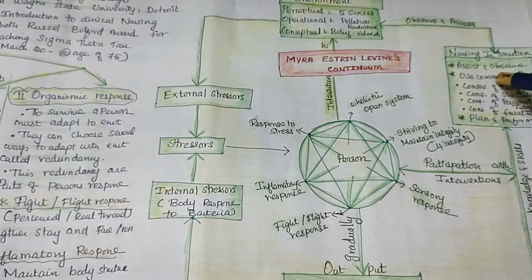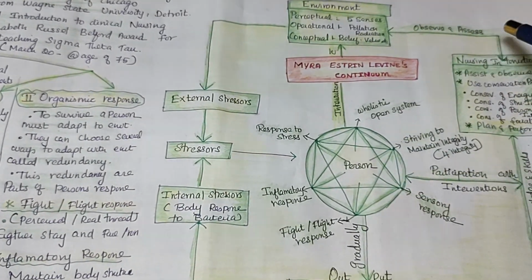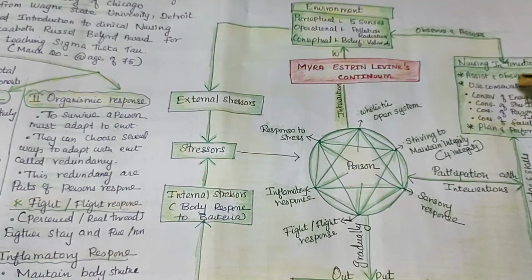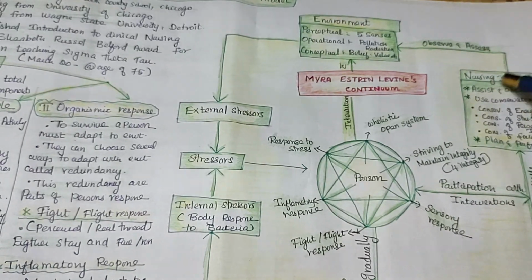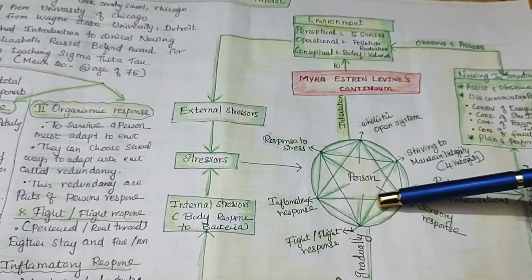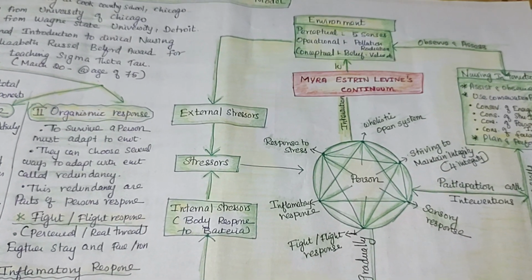So for our nursing intervention, she is talking about observing and assessing him as well as his environment. Also, you have to plan your intervention. How do you plan? First, you assess and assist. Assessment is nothing but how he is adapting, how far he is adapting. So assist and observe and use the conservation principle.